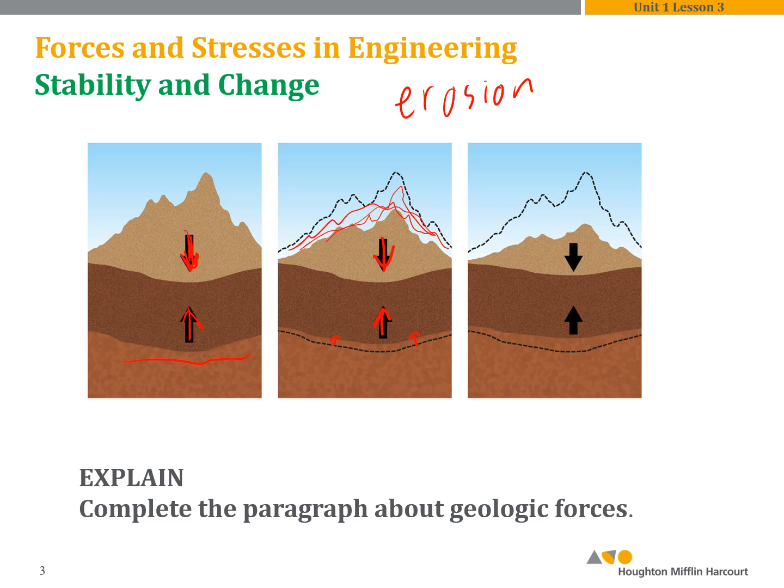The mountain actually tends to rise a little bit. There's a net upward force on the mountain, so it floats higher until the forces are again balanced. So it's a temporary floating until those forces become balanced again.